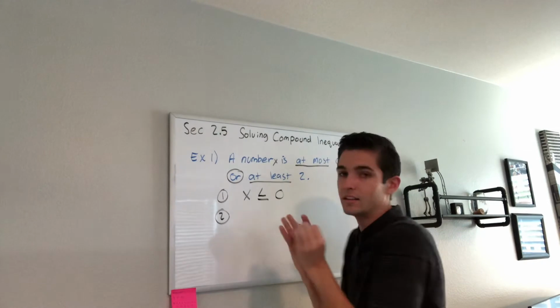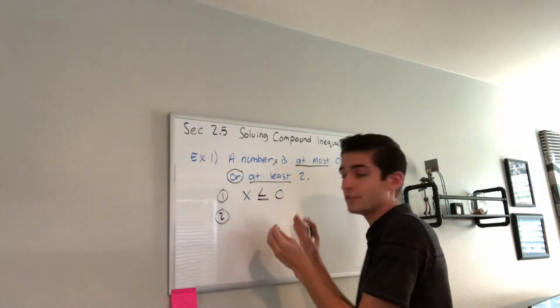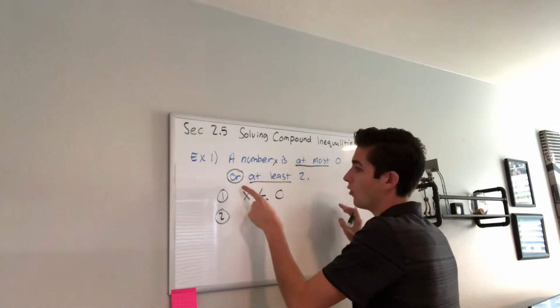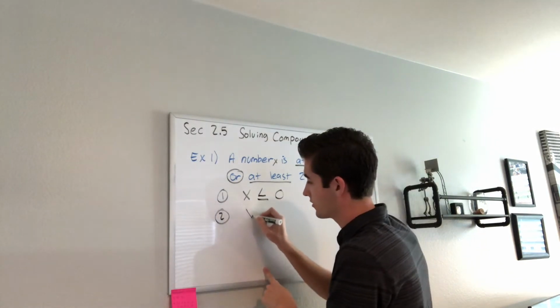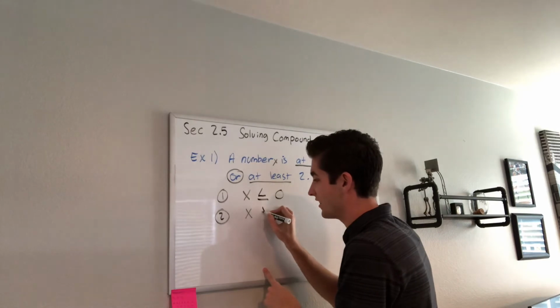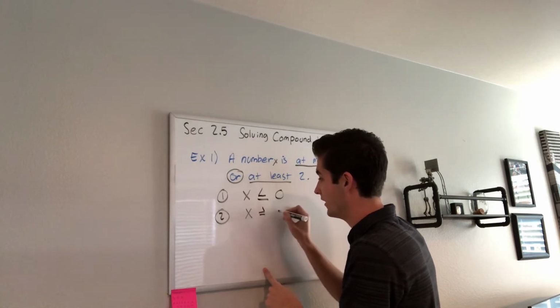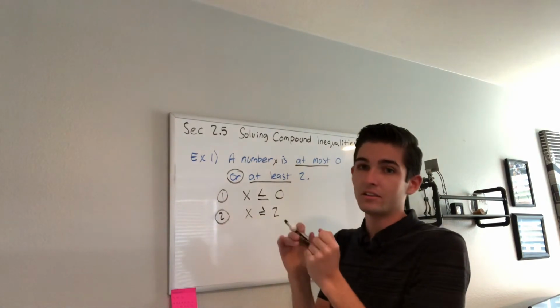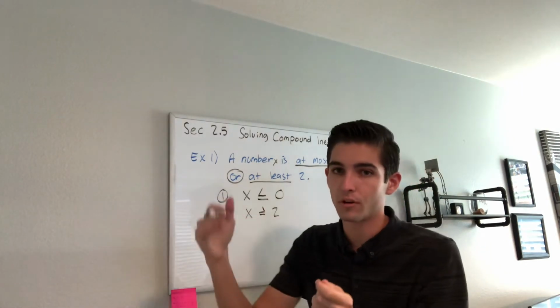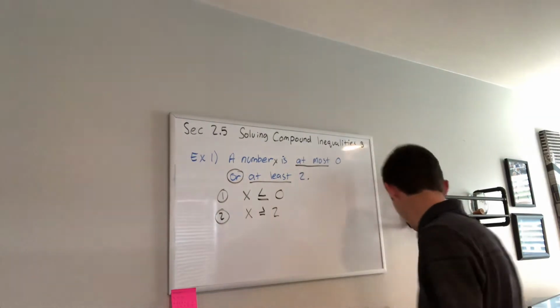It doesn't matter. It could be at most 0 though. Or at least 2, right? So x is at least 2. It could also be 2, but it needs to be at least 2. So it could be 2, 3, 4, 5, 6.